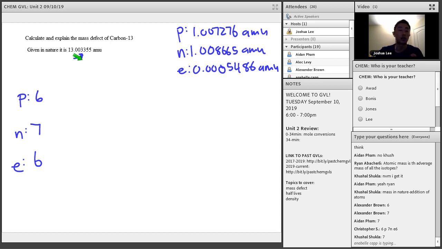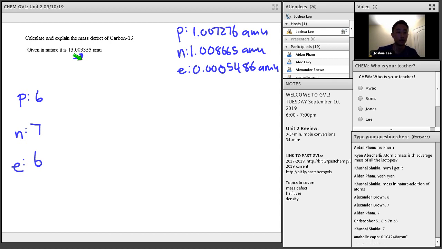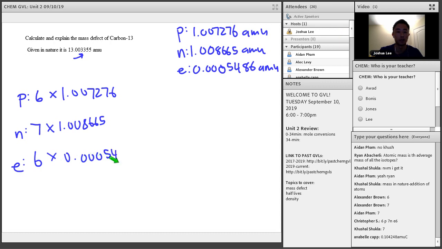If you got a carbon, it should weigh the same thing as its protons, neutrons, and electrons, because that's all that is. So this would be 6 times 1.007276, 7 times 1.008665, and 6 times 0.000548. Nice. Annabelle already has an answer.